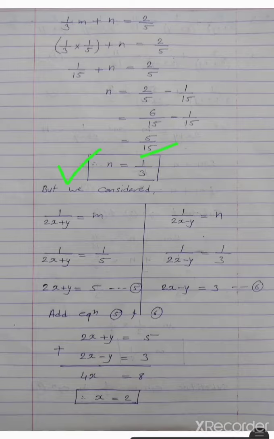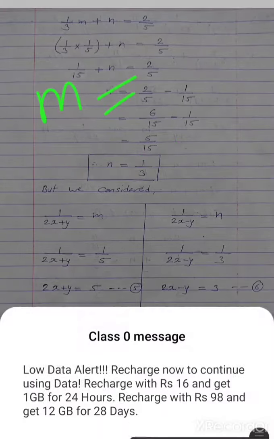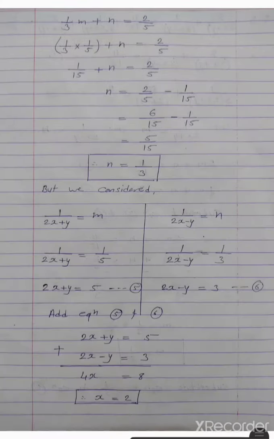But these are the two considerations, m and n. We considered m is equal to 1 upon 2x plus y and n is equal to 1 upon 2x minus y. So substitute the values here.